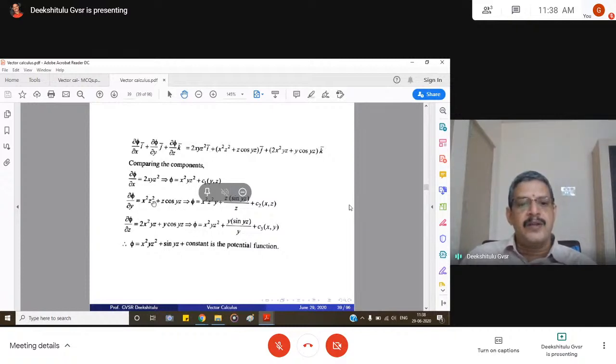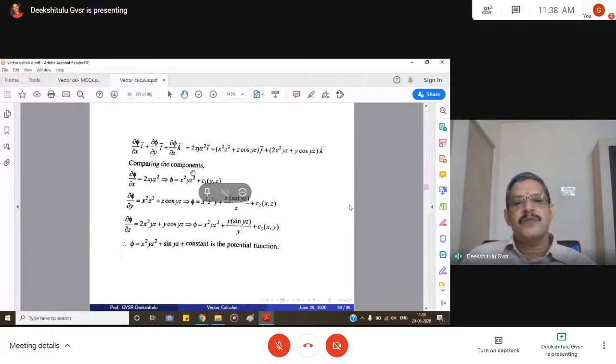There is no y here, so it's a constant times y: x²z²y plus integral of z cos yz is sin yz, plus the integral constant, a function of x and z. Here ∂φ/∂z is 2x²yz plus y cos yz. So integrate with respect to z: x²yz² plus sin yz, plus a function of x and y as the constant.